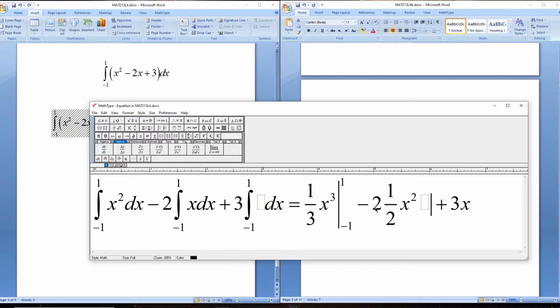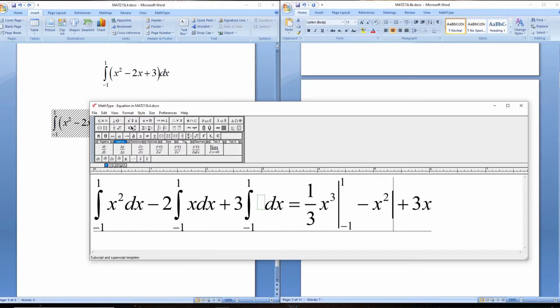2 times a half right here, so that's 1. And on our bar, we are going from -1 to 1. And then our 3x is also going from -1 to 1.